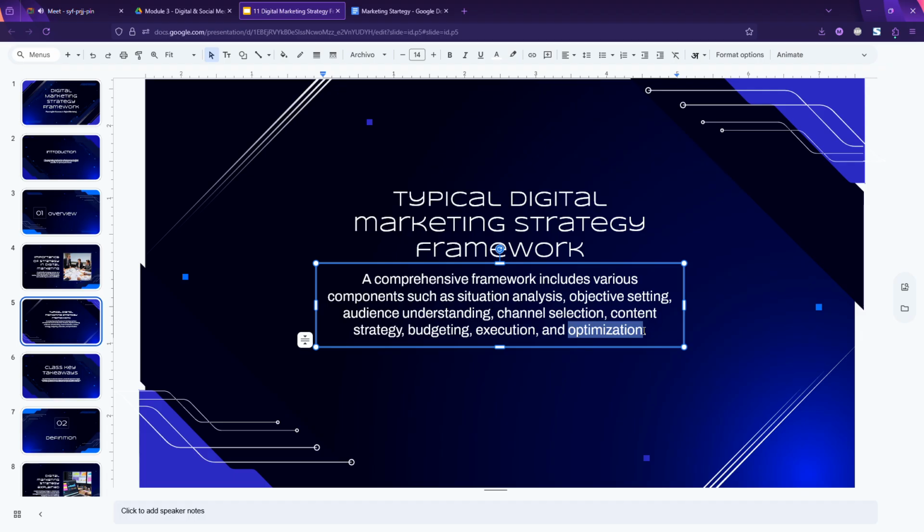When we know that A is working better than B, then we stop B, or maybe we decrease the budget allocation of B and increase it on A, because A is doing better. And then a campaign can run for a week, can run for a month, or can be a continuous process.